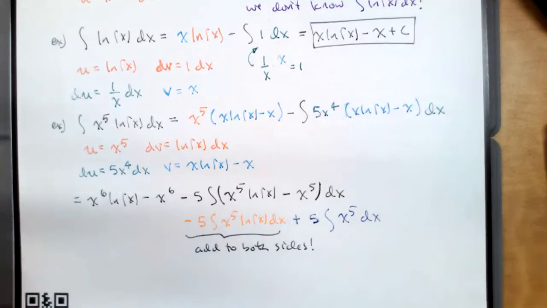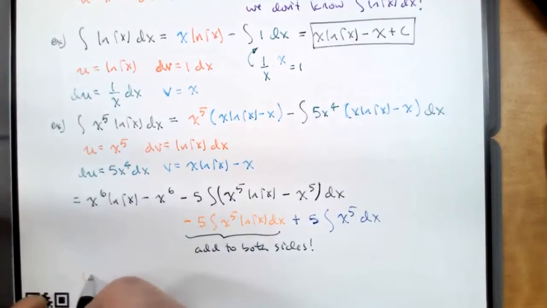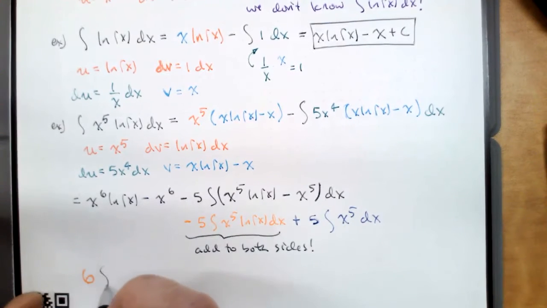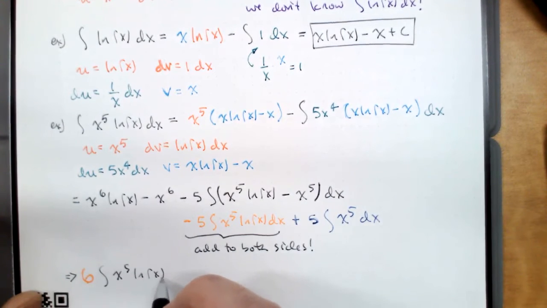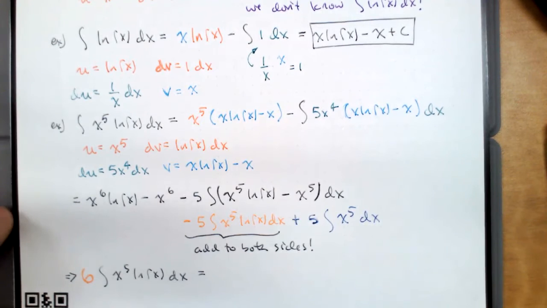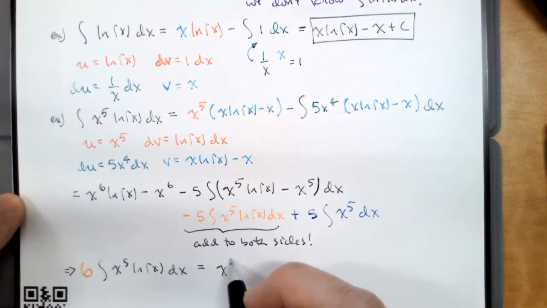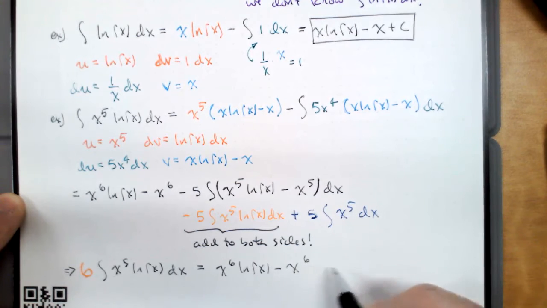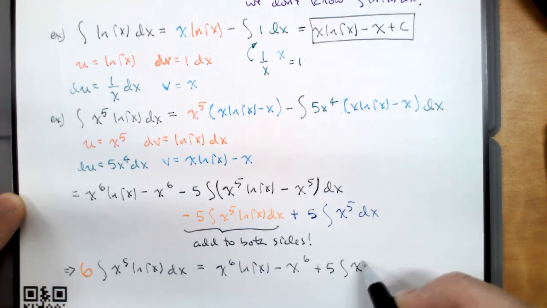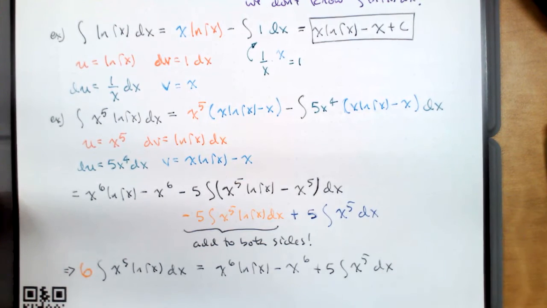So I'm going to end up with 6 copies of the integral x to the 5th natural log of x dx equals x to the 6th natural log of x minus x to the 6th plus 5 integrals of x to the 5th dx.